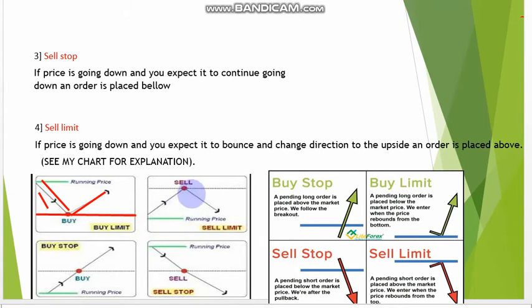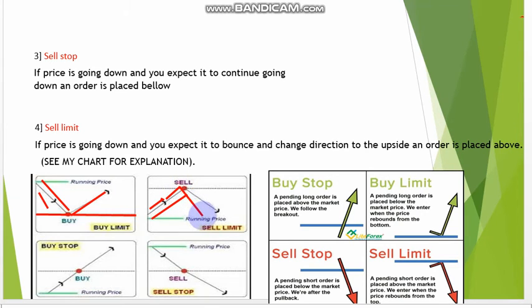And it is the same way with a sell limit. The price of a currency is going up. Maybe the price is still here, and you will not be in the market. Maybe you have some things to do. You need to go to your office and do other stuff. Maybe the price is just at this particular point at the moment, and you expect from your analysis that when the price comes here, it will come down.